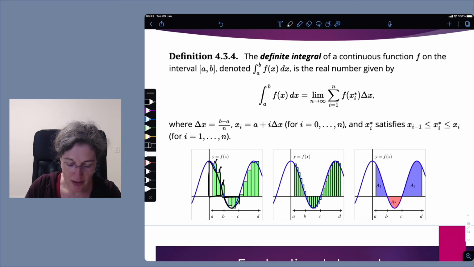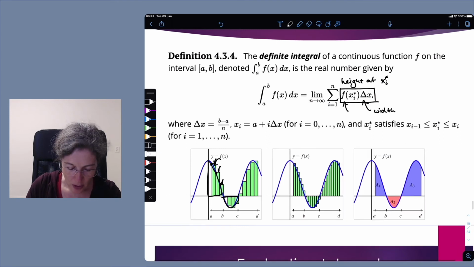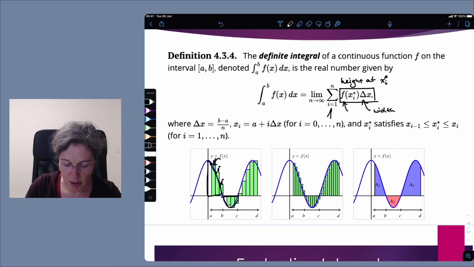The way that we write this here: these are the areas of our little rectangles, because we've got the height, at some particular xi star, so there's a height, there's a height, there's a height, and this little delta x is the width. So this term gives you the area of the little rectangle that you're using, and then you sum over all the little rectangles, so that's summing over here.